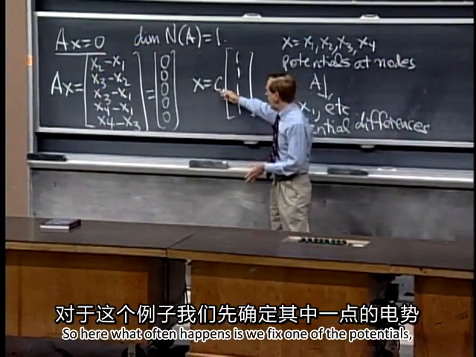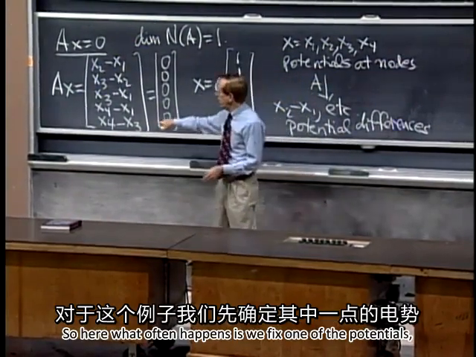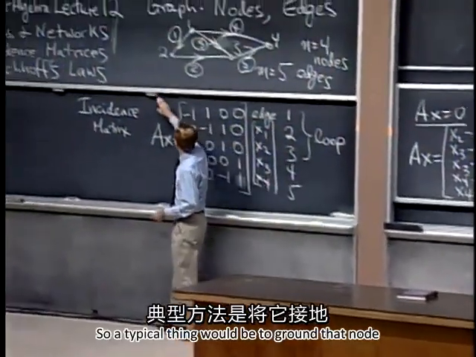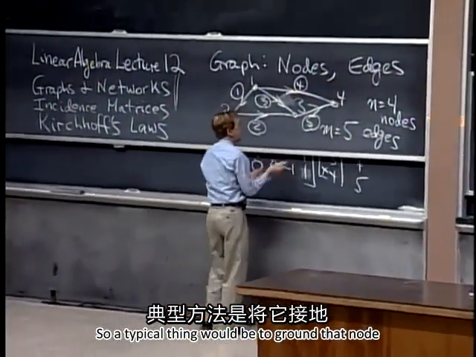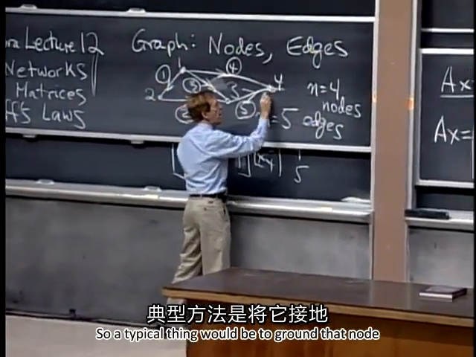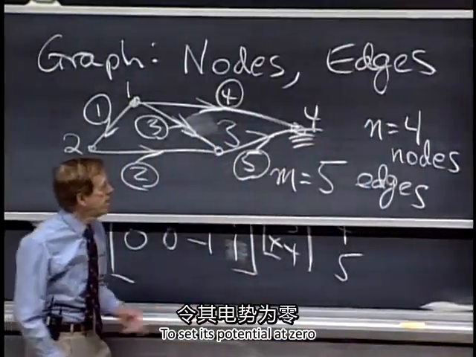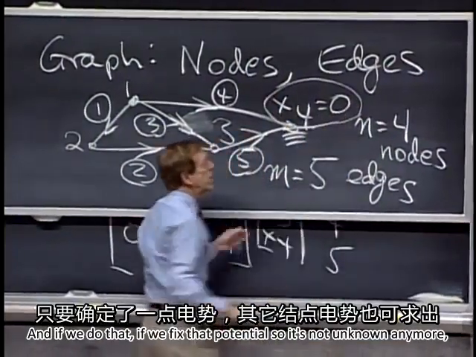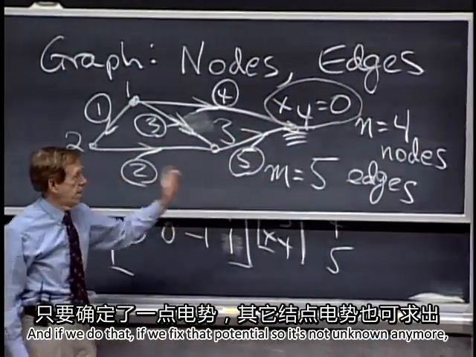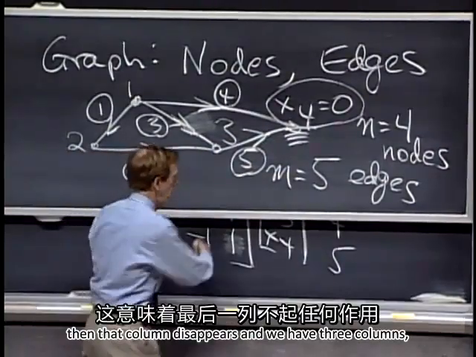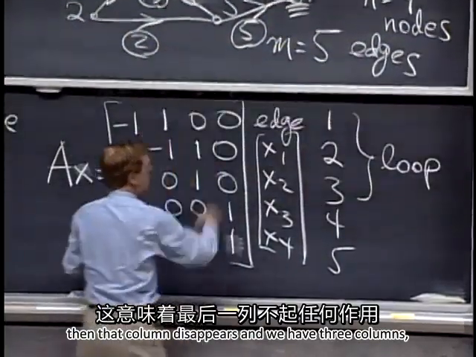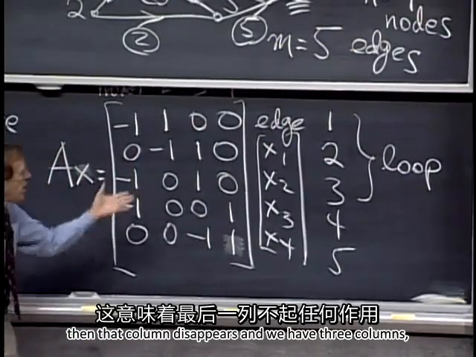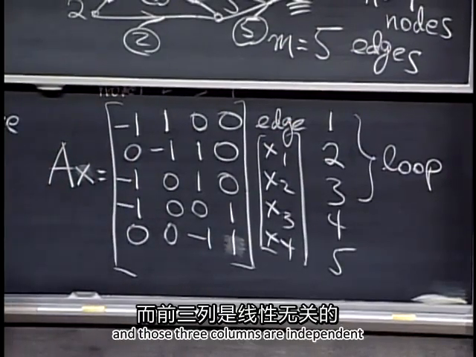So here what often happens is we fix one of the potentials like the last one. So a typical thing would be to ground that node, to set its potential at 0. And if we do that, if we fix that potential so it's not unknown anymore, then that column disappears, and we have 3 columns, and those 3 columns are independent.